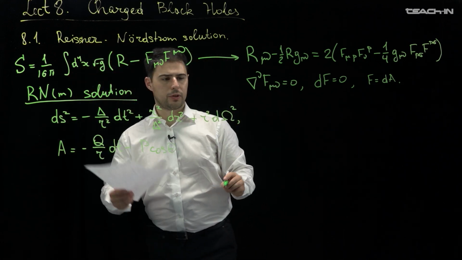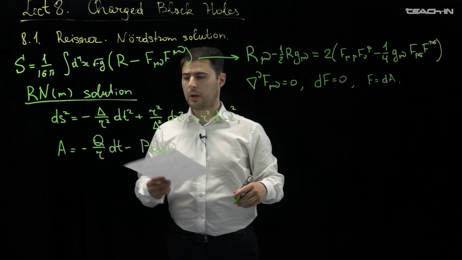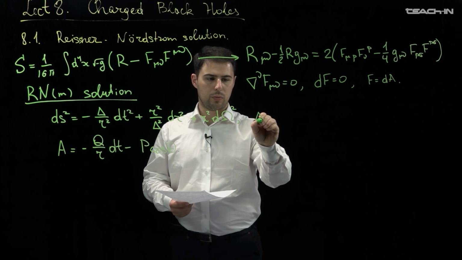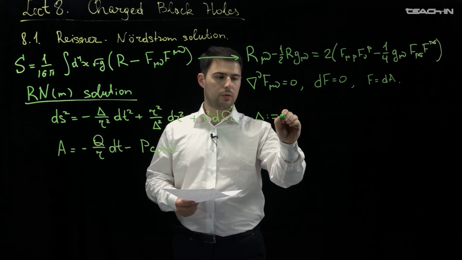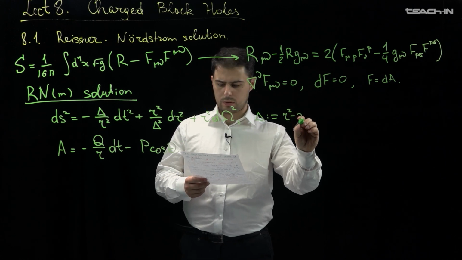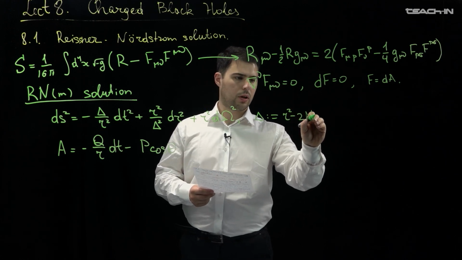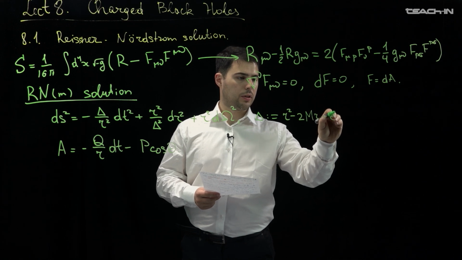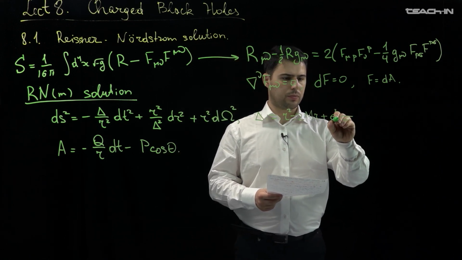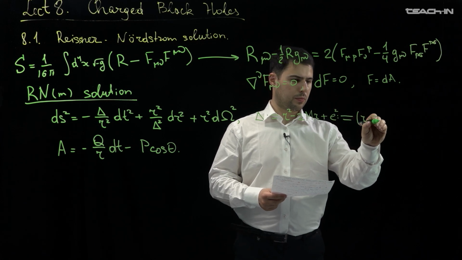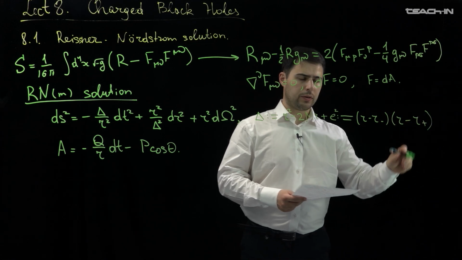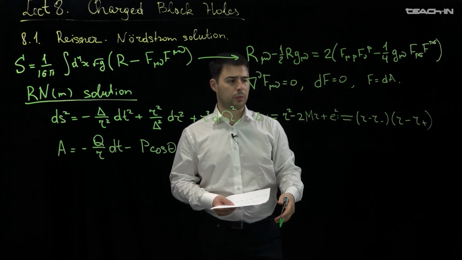Here the function delta is a quadratic polynomial. So delta equals r squared minus 2mr plus e squared, which equals (r minus r plus)(r minus r minus), since every quadratic polynomial can be decomposed in two roots.